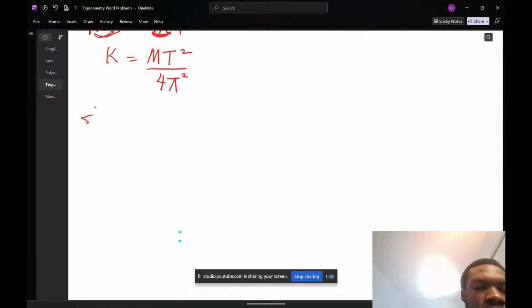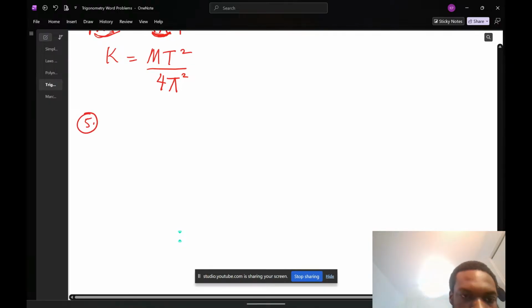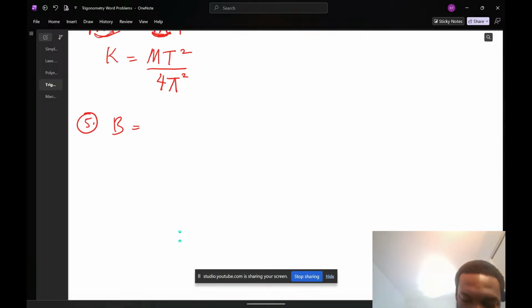We have capital letter B is equal to L into A squared minus C squared, over 2mn.